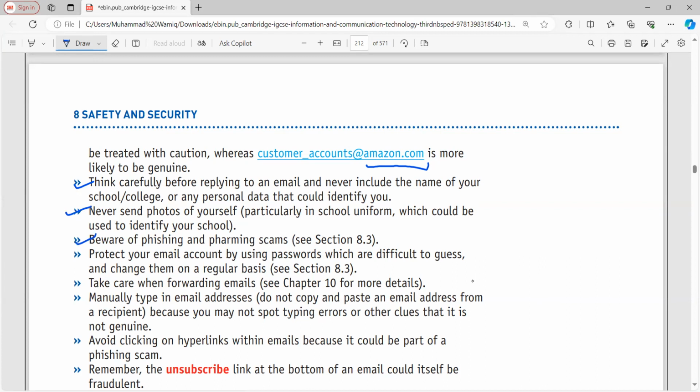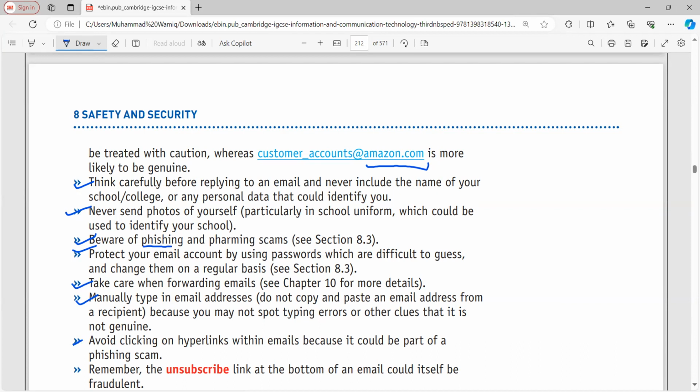You should also be aware of phishing and scams. You should protect your email account by using passwords. You should also take care when forwarding your emails as well. You should manually type email addresses, not copy and paste them, because sometimes there might be errors and your email could be sent to someone else. You should also avoid clicking on hyperlinks.